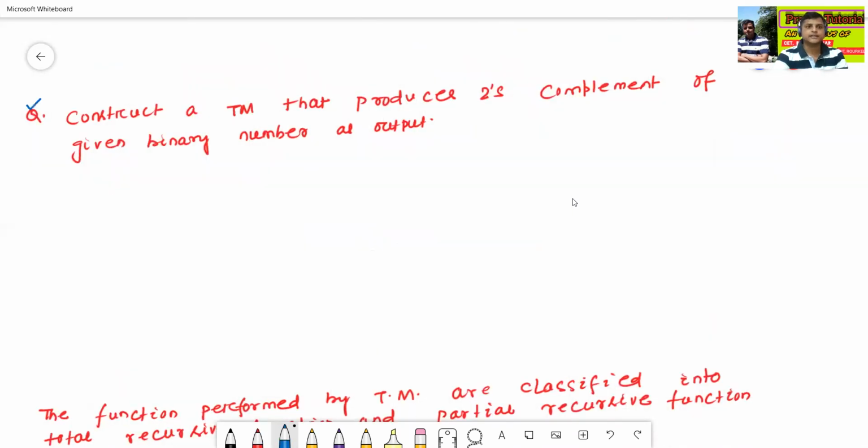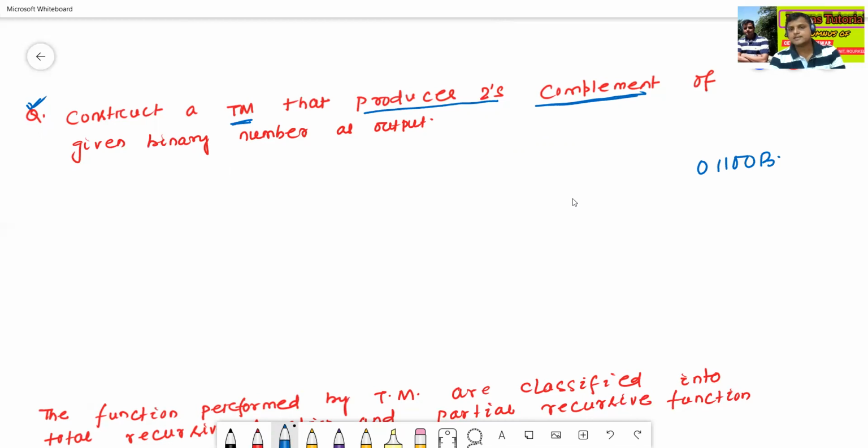The second question: construct a Turing machine that produces the 2's complement of a given binary number as output. 2's complement, for example, I'm giving the example 0 1 1 0 0, and this is the blank symbol.